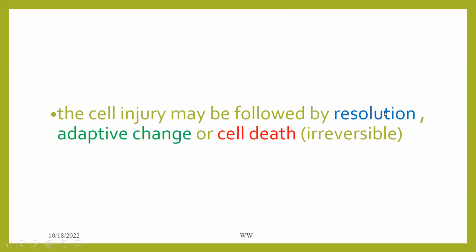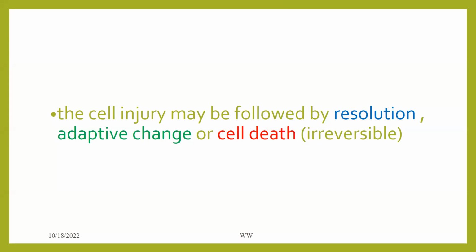We call that resolution. Or, if it's a continuous irritation, a smoker assaulting the respiratory tree with continuous smoking, the smoke is an assault into the respiratory tree, then there'll be an adaptive change.